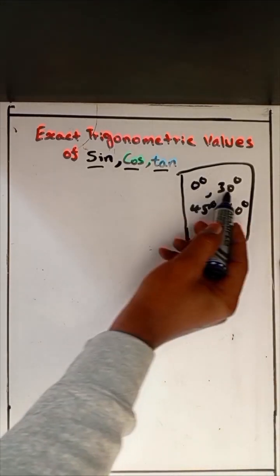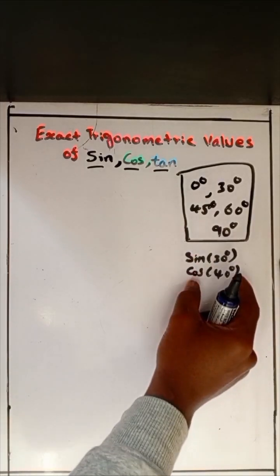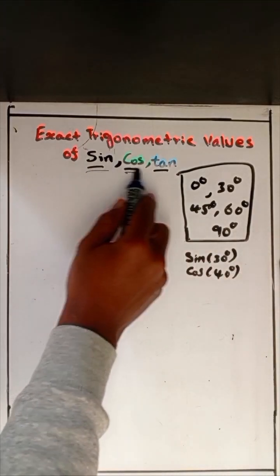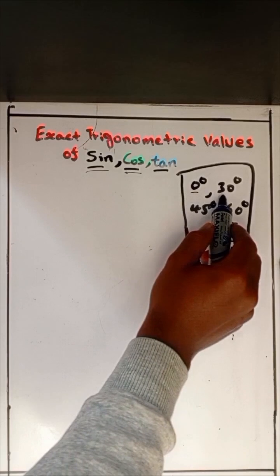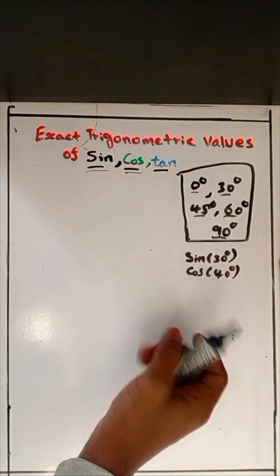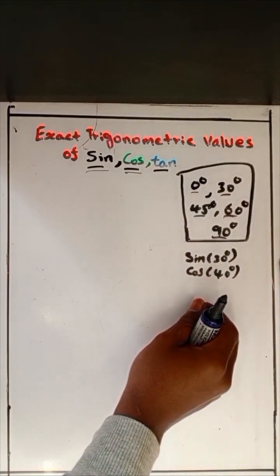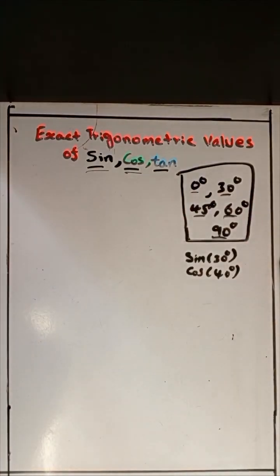For each of these angles, we have a short way to remember the value of each trigonometric function at 0 degree, 30, 45, 60 and 90. So we are going to look at the shortest way to remember such exact trigonometric values.